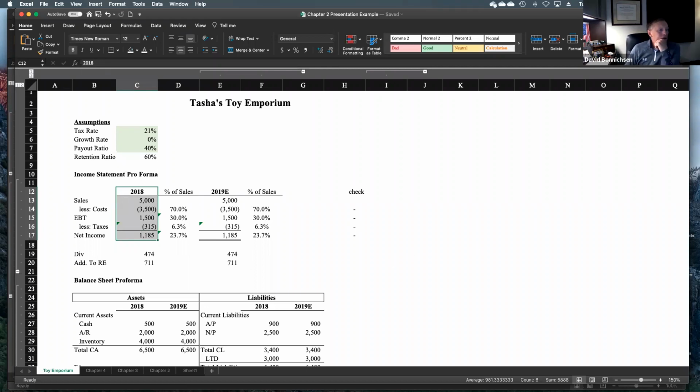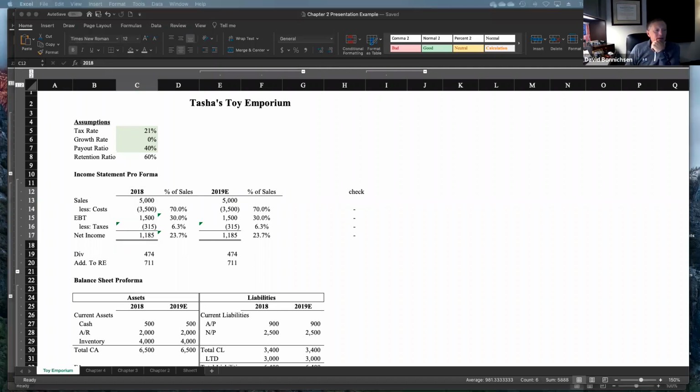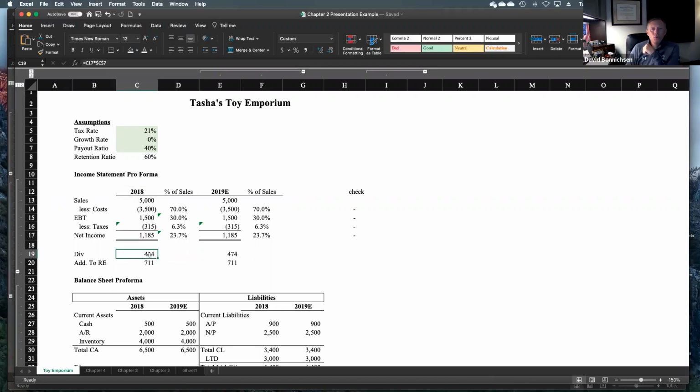It also tells us that there's a payout ratio of 40%. Based upon your readings within the text, the payout ratio is the ratio of net income that gets paid out to dividends. So if the payout ratio is 40%, that means that 40% of the net income gets paid out to shareholders.